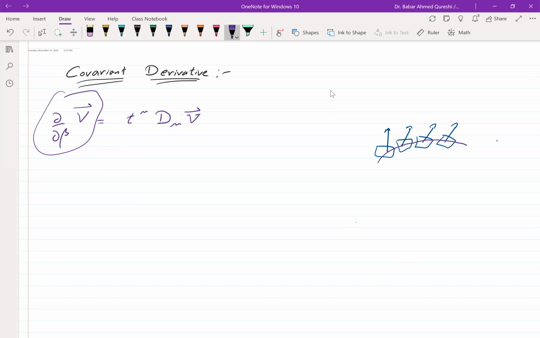So the idea was that I write something like this, and this is defined in this way, that I can act on just the components so that it's easy to see what's going on. It tells me how the components in any given basis connect to the components at nearby points along a curve.